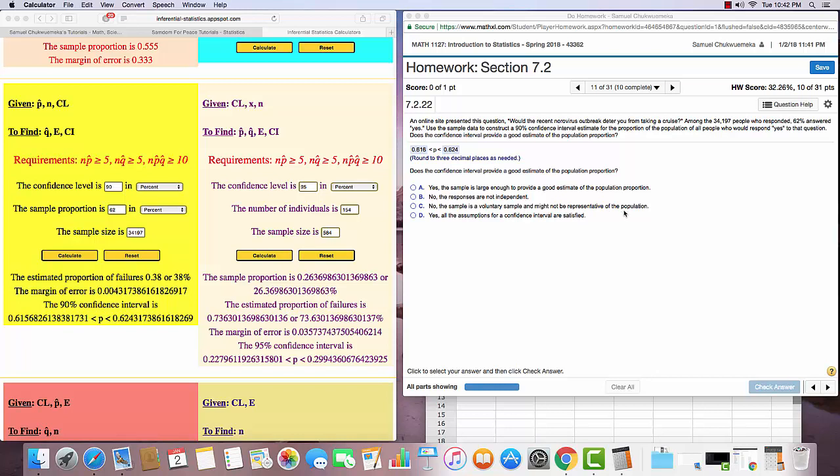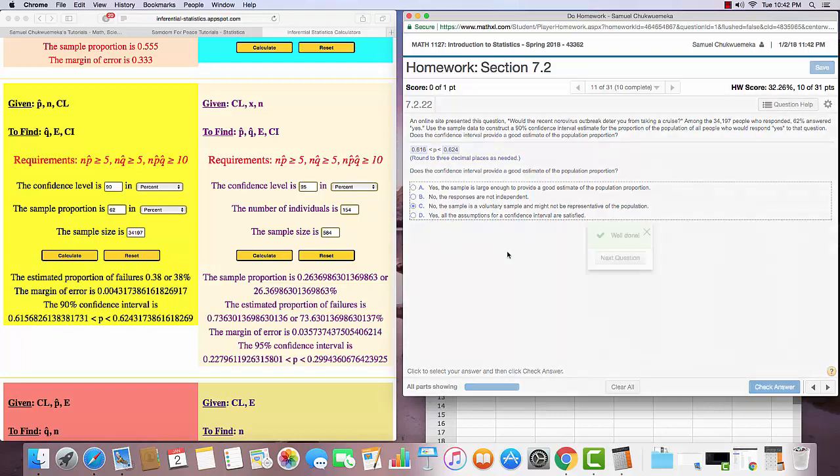Okay, so it might not be representative of the population, because when you're doing research and you want to construct a confidence interval about a population parameter, the sample has to be a simple random sample, not a voluntary sample. Okay, so the answer is C.